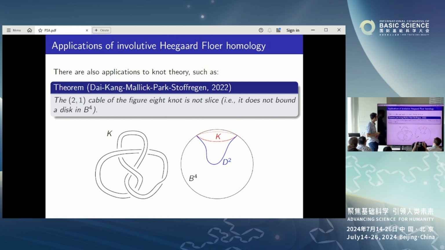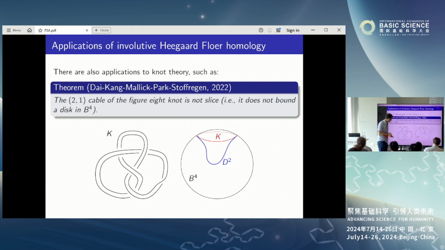So in knot theory, a question that you can ask about knots is whether they bound a disk in B^4. A knot bounds a smooth disk in three dimensions if and only if it's the unknot. But some knots bound disks in B^4 and some don't. The ones that do are called slice. And people can tell whether many knots are slice or not, but this was one that defied resolution for a long time.